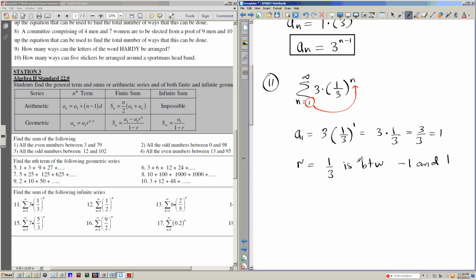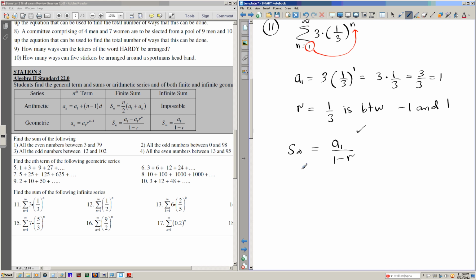Since the series is convergent and the sum exists, we can now use the formula S infinity. This formula right here, the infinite sum formula, equals a1 over 1 minus r. All right, so let's do it. S infinity is going to be a1, which is 1, divided by 1 minus 1/3.